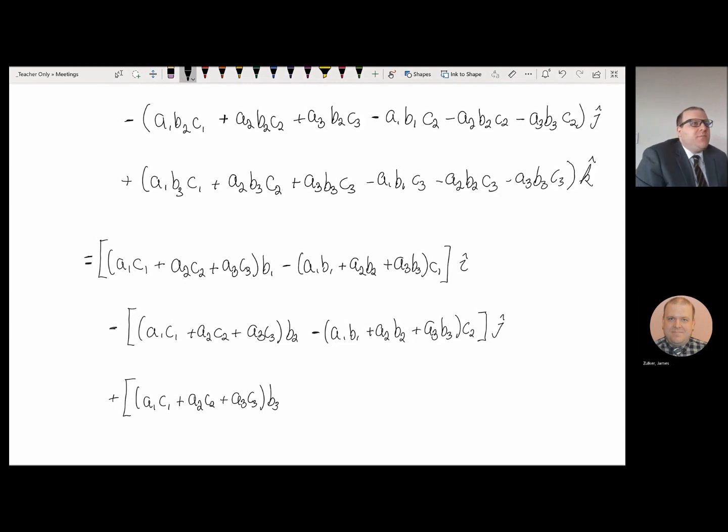Factor out B3 from the first three terms in K, and a negative C3 from the last three terms.